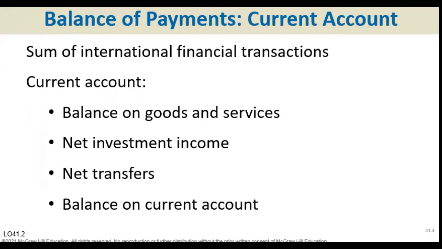In 2015, the U.S. net investment income was a positive 191 billion.